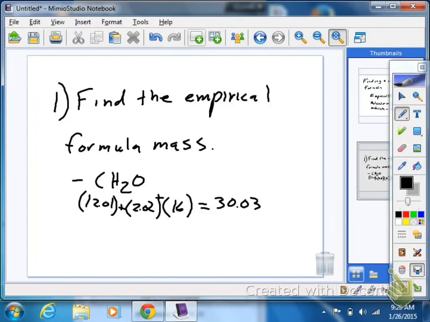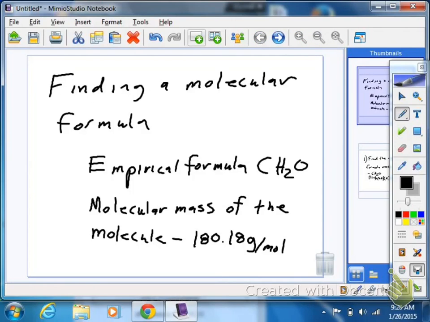If we go back to our original setup, here's the molecular mass. The molecular mass is going to be a multiple of whole numbers higher in weight compared to the empirical mass. It's kind of like our water hydrate lab that you did.